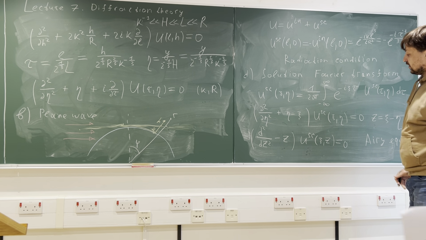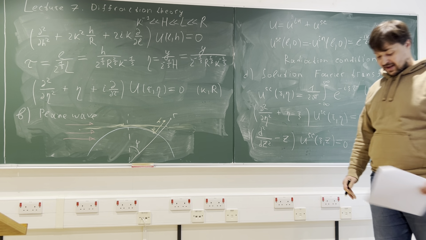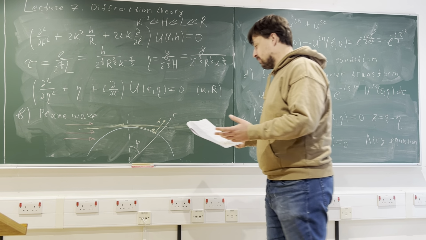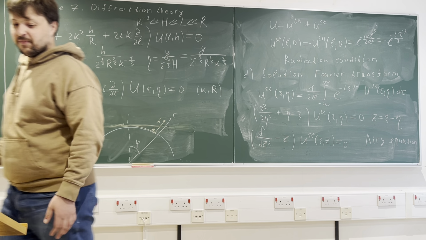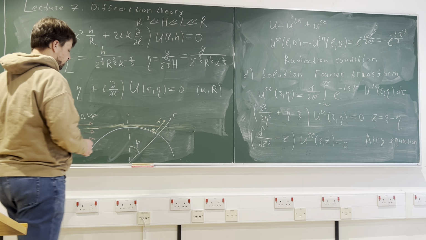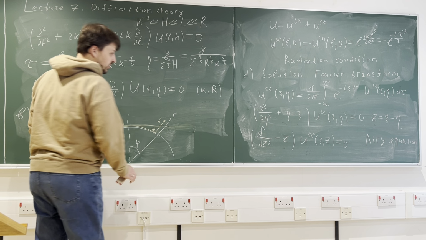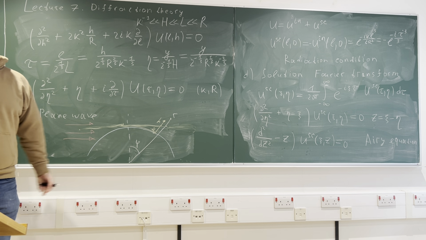And since it has a name, it has a solution. One approach is that we have this equation, we find a solution from a textbook, and then we modify the solution in such a way that we have an outgoing wave.